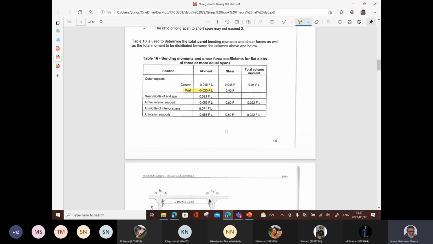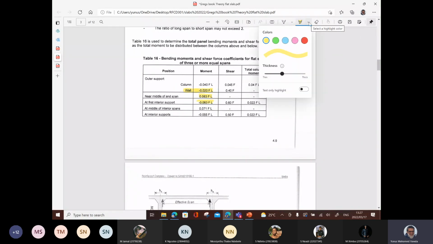In the short direction, it's first interior support, right? And near middle of end span, so that'll apply to the short direction, right? In other words, the 6 meters, okay? And when we come to the long span, then we're going to go to at interior supports.